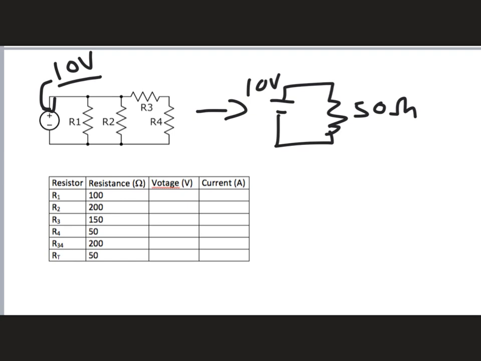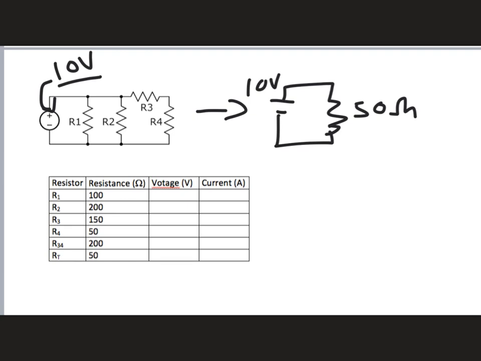And so if I know that this is going to be 10 volts there, I can add in here that that's going to be 10 volts for the total resistance circuit, and I can say that V is equal to IR, or I is equal to V over R. I can plug in that the voltage is 10 volts and divide that by the total resistance of 50 ohms, and that gives me a current of about 0.2 amps.